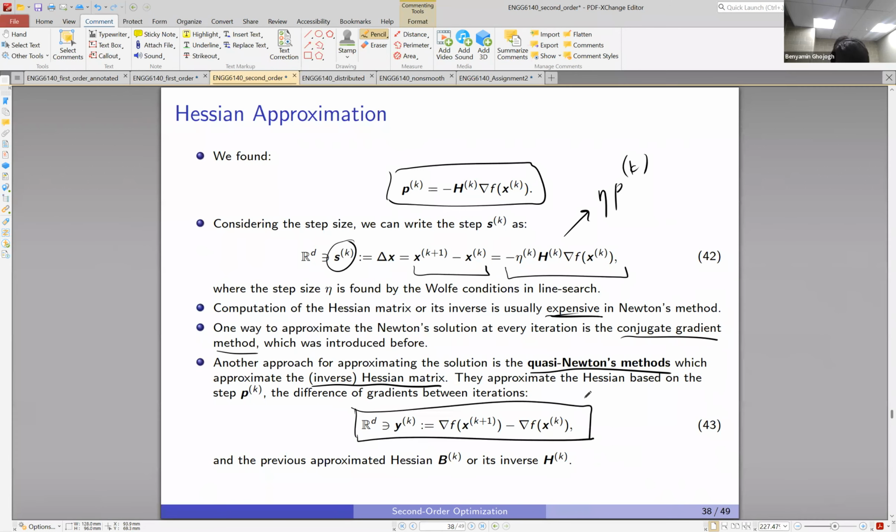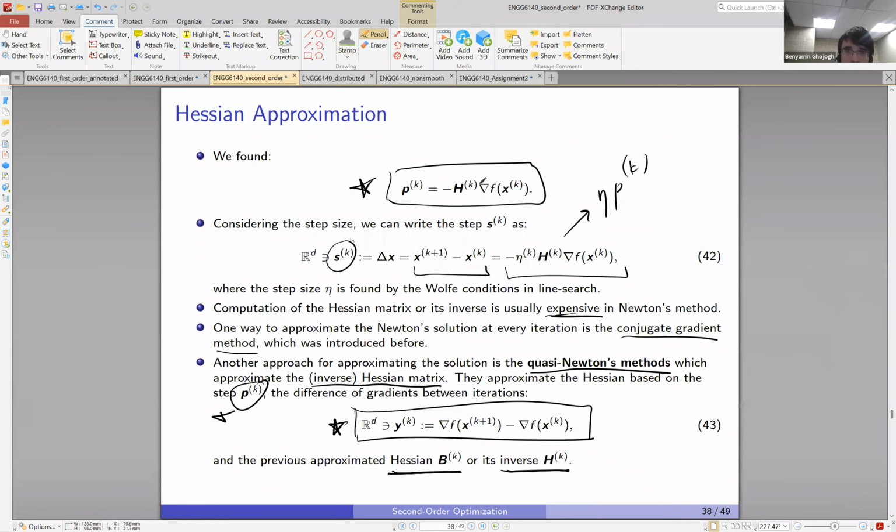They approximate the Hessian or the inverse of the Hessian using pk, which is the update, using yk, the difference of the gradients, and using the previously approximated Hessian or inverse of Hessian. Again, the log of history. So they use the log of history, the difference of the gradients, and the p, which is the update.